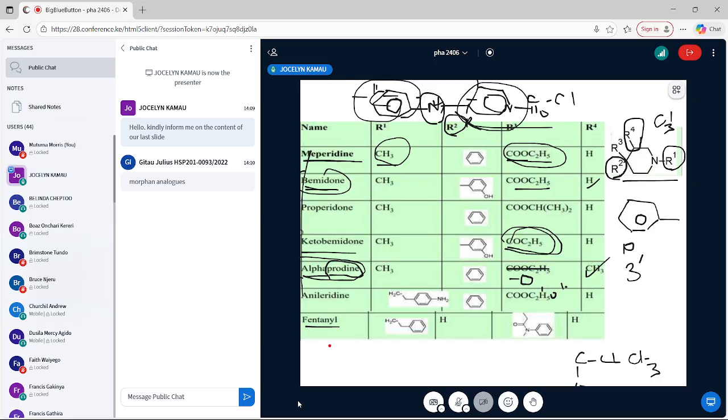The only difference, as I've said again, is that these two rings are joined through a nitrogen. You can see this nitrogen has two substituents. It's still lacking one, so we can give it R1. This carbon here is also lacking one substituent, so we can give that R2. This here can have a different substituent, we can give that R4.